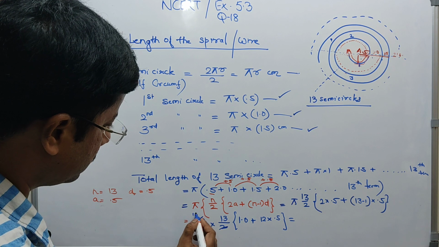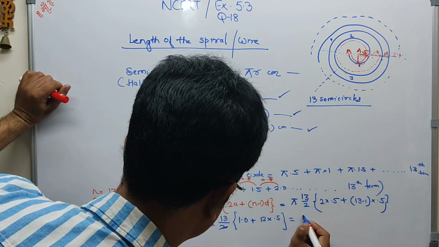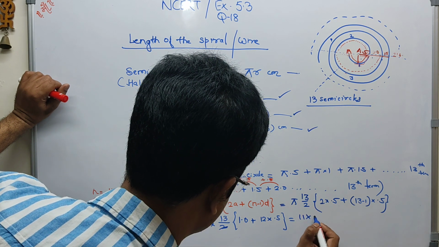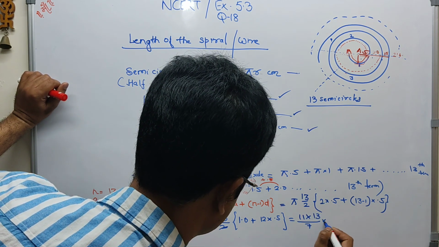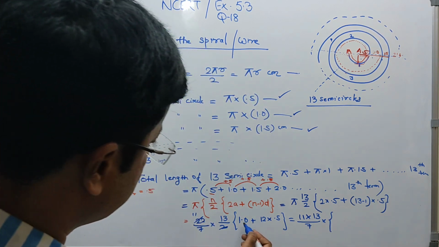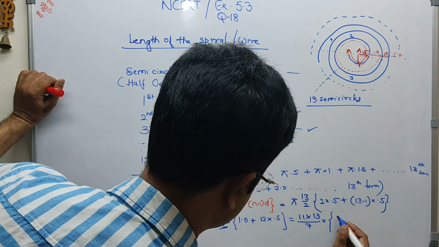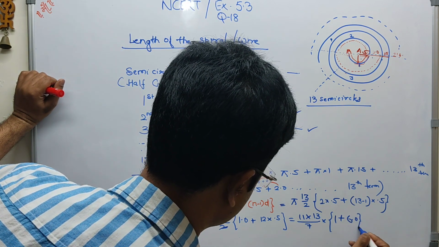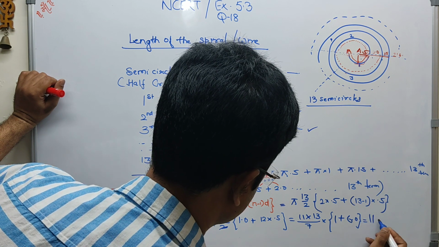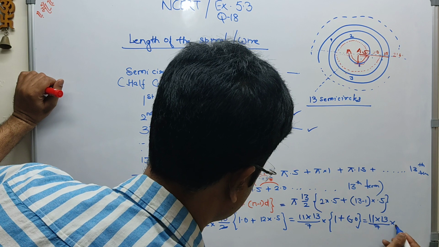How much do we get here? Inside the bracket, 12 into 0.5 is 6.0, so we get 1 plus 6.0, which is 7. So we have 11 into 13 by 7 into 7.